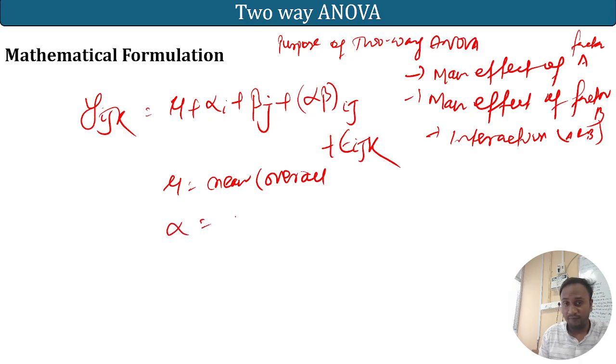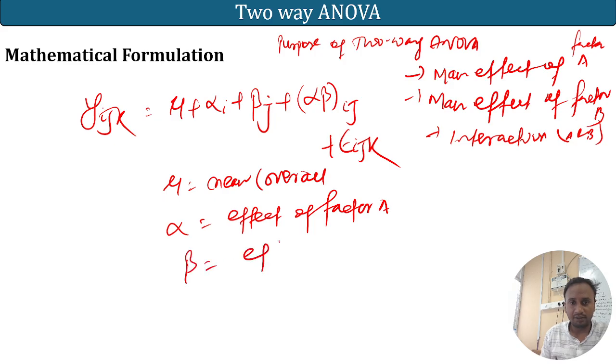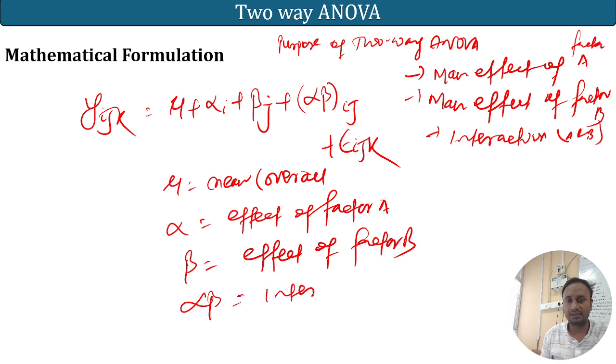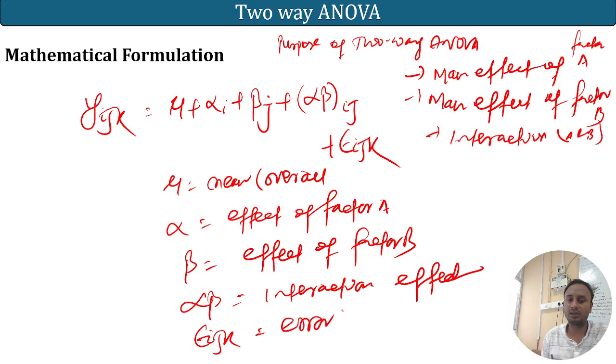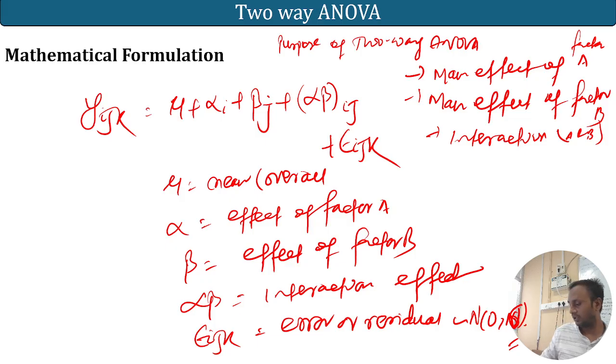Alpha is the effect of factor A. Beta is the effect of factor B. Alpha beta is the interaction effect. And then we have the error, or residual, which will follow a normal distribution. So this is how the whole thing goes.